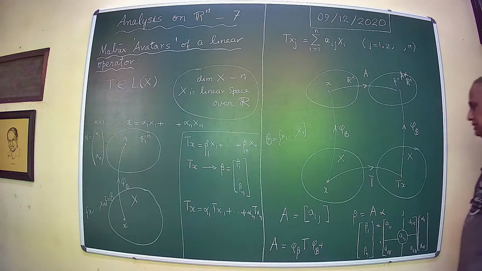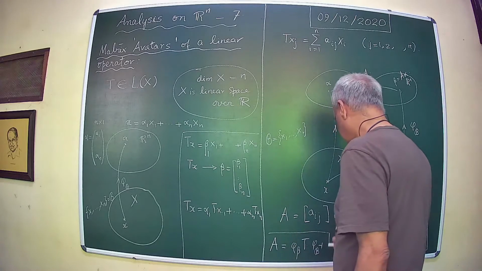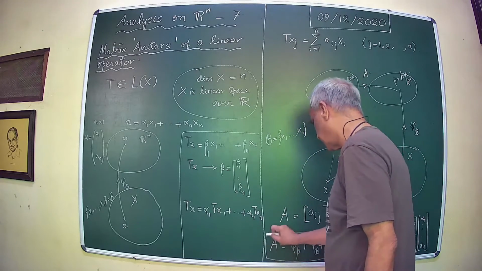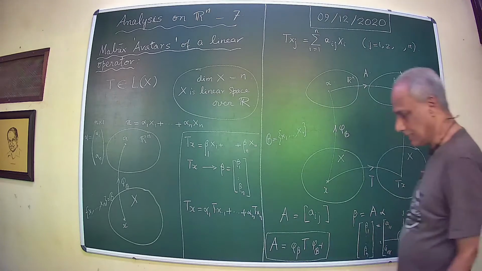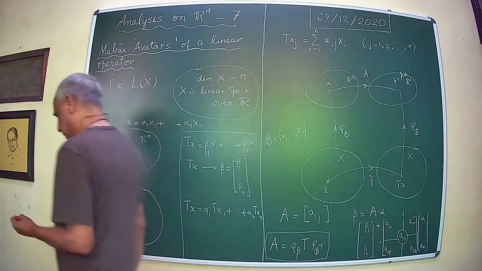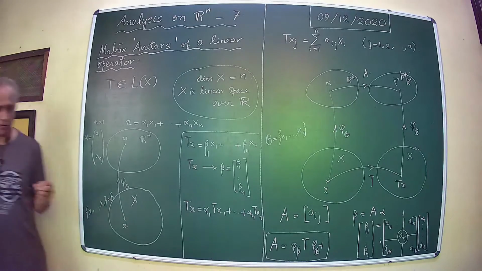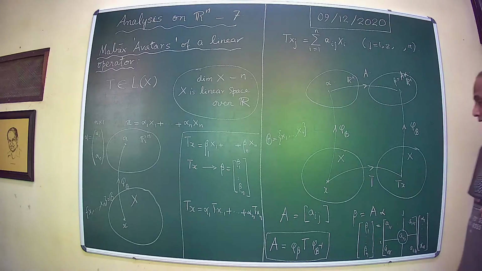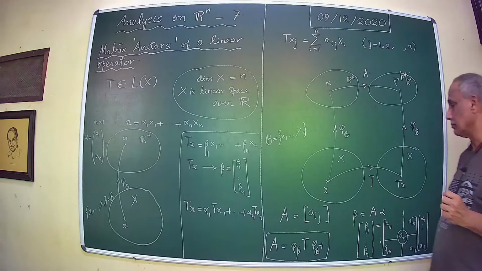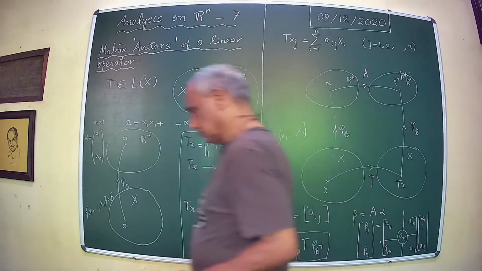Okay, so this is the connection that you have. This is the beautiful picture that emerges out of it. Therefore, you see that the representation of T corresponds to getting an isomorphism of X to Rn.